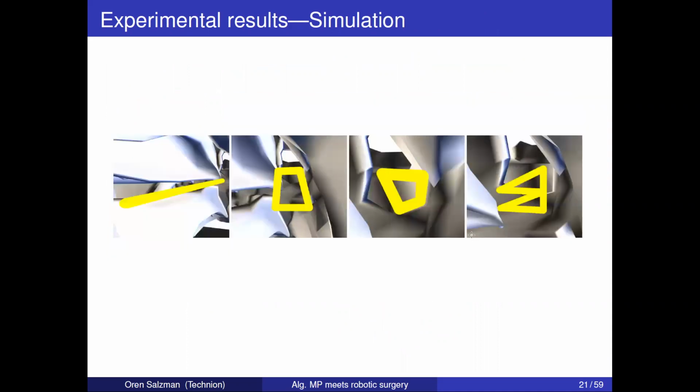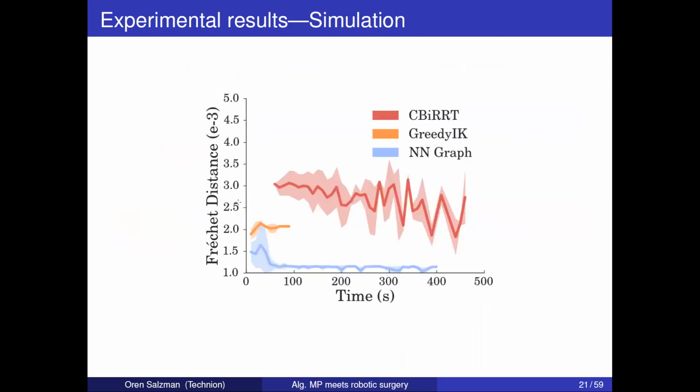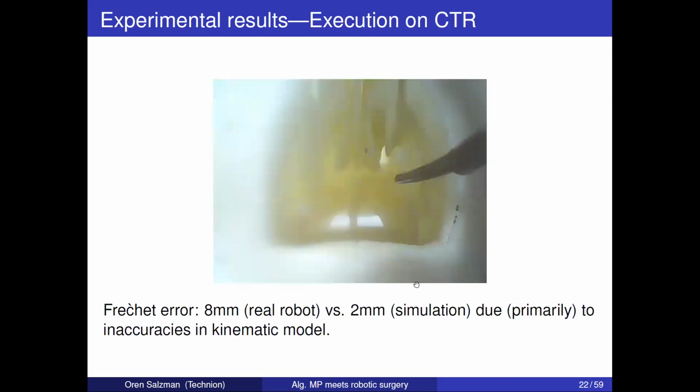So here we have a bunch of reference paths, some that we just defined for the sake of our experiments. And the original version just failed miserably. We compared it to a greedy algorithm and constrained bidirectional RRT. And we can see that the Fréchet shape distance, on the y-axis, is much smaller for the nearest neighbor graph that I just described as a function of time, which is great.